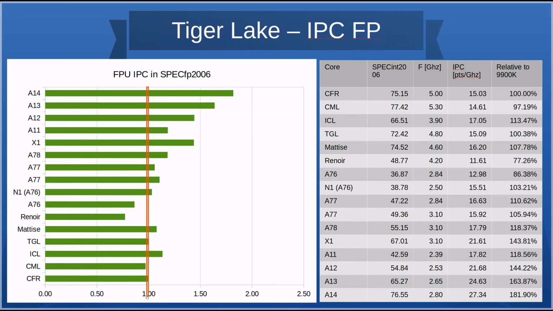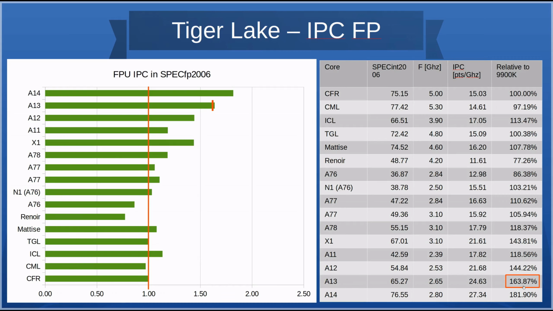The baseline is 9900K. This is 100%, and you can see here that Apple A13 doesn't reach that much IPC. It actually shows lower IPC: instead of 84% above, Coffee Lake refresh is only 64%.